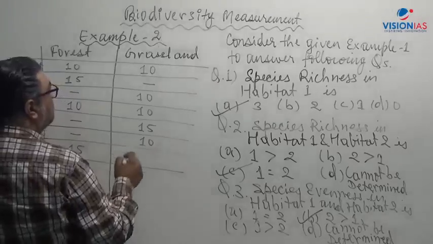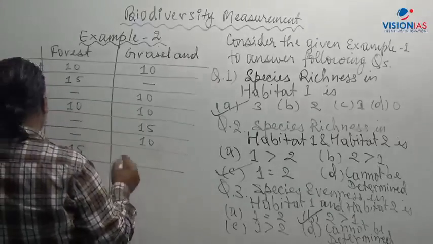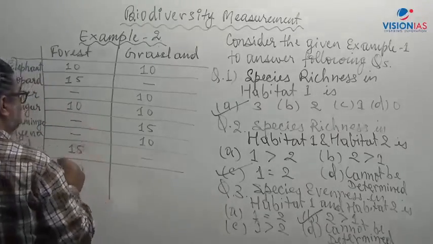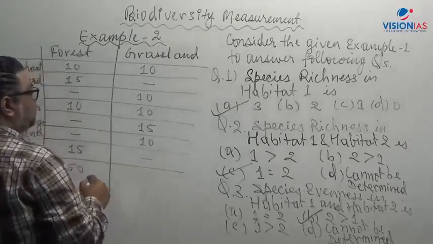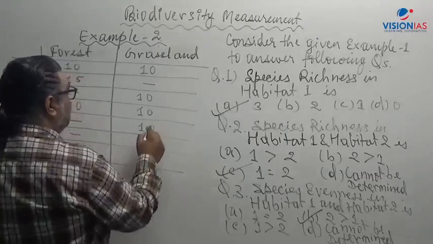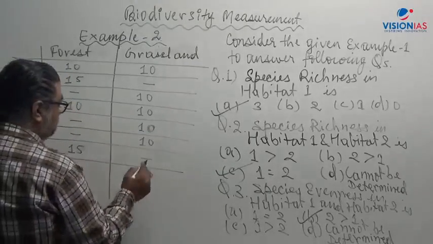And how many species are there? 1, 2, 3, 4, 5, right? And then there is no sal tree, all right. So let's say here I'll give 10. So the total again, if you count here, is 50.